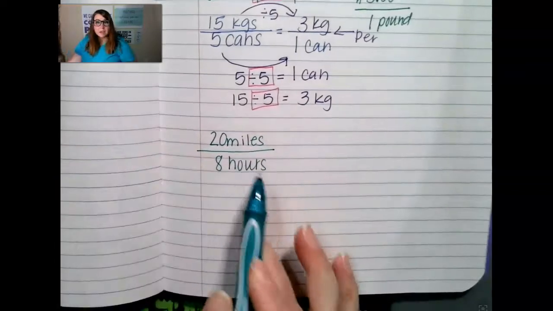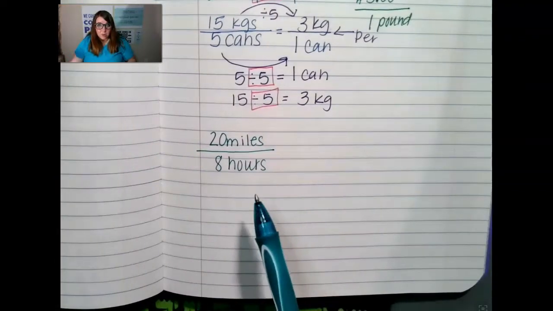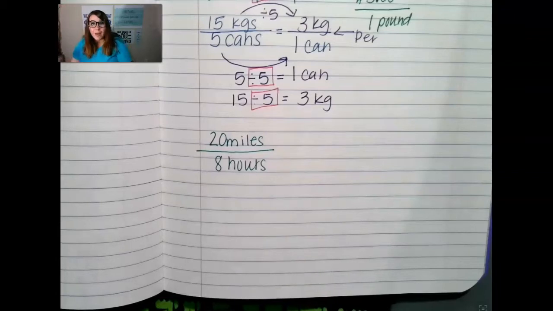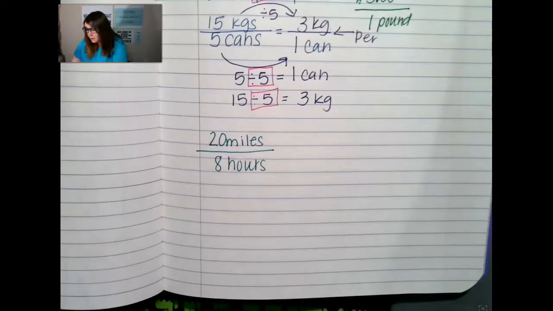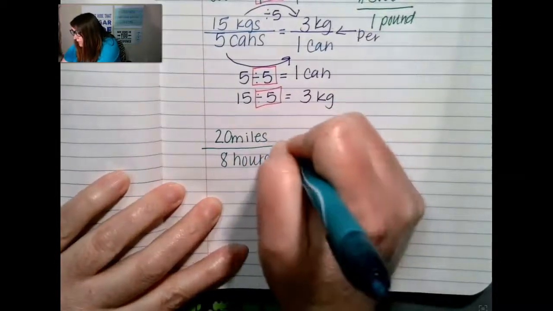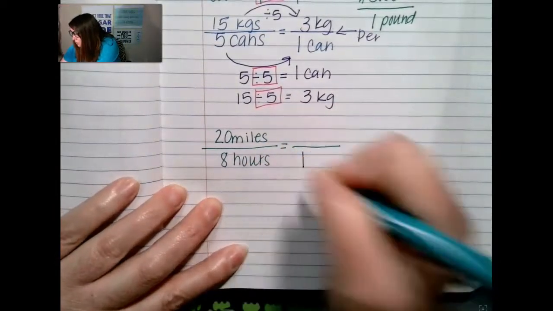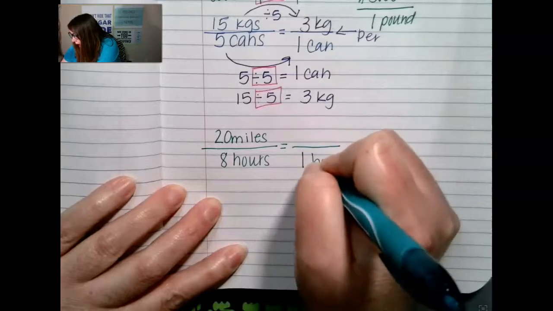So 20 miles for every 8 hours. But I want to know, how many miles am I walking per hour, or per 1 hour, my unit rate, per 1 unit. So unit rate means to get to 1, so my unit rate would be per 1 hour.